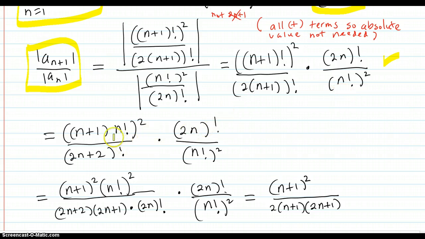So I took the (n plus 1) factorial right here, and I burned off one of the factors here, because (n plus 1) factorial equals n plus 1 times n minus 1, dot dot dot, all the way down to 1. So I took the n plus 1 and I wrote this as n factorial, and that's how I got (n plus 1) times n factorial.